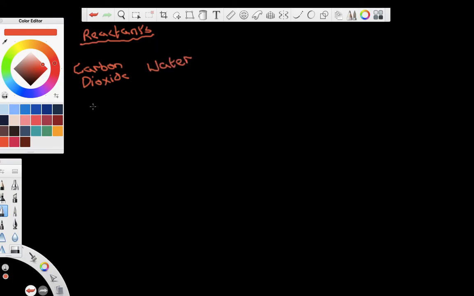We then said that these are added together in the presence of chlorophyll and light, and we add light and chlorophyll on the arrow because they are not substances really that you can hold. Light is a form of energy, therefore it can't be a reactant, we can't hold it in our hands, and chlorophyll is not really a reactant. The chlorophyll is unchanged, it just carries out the reaction.